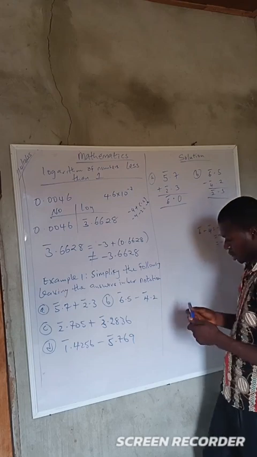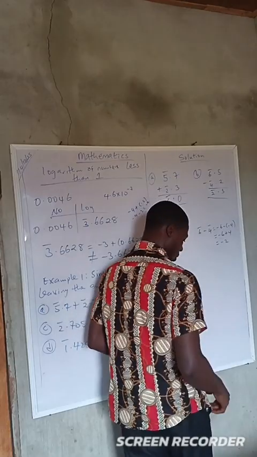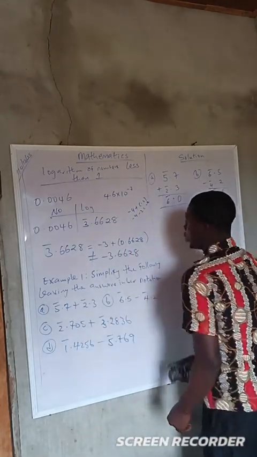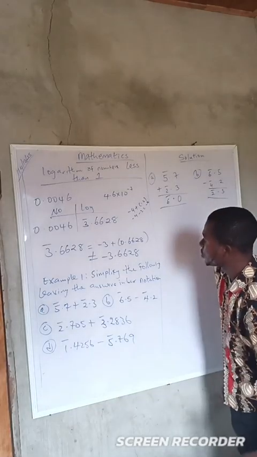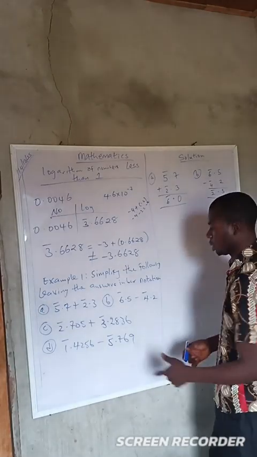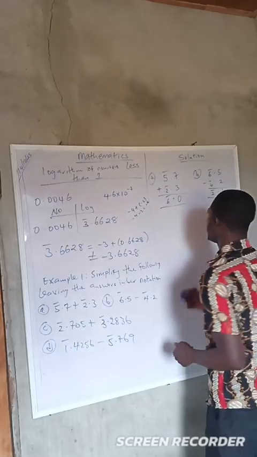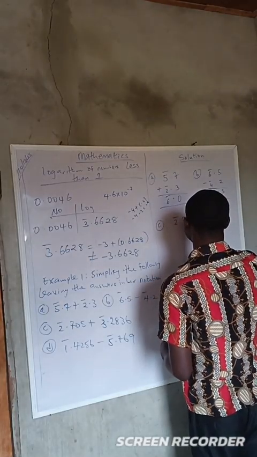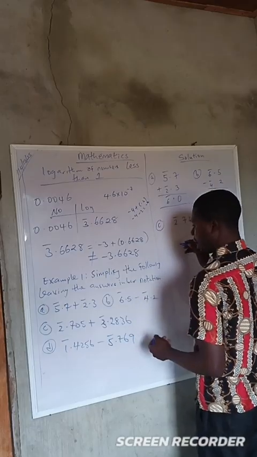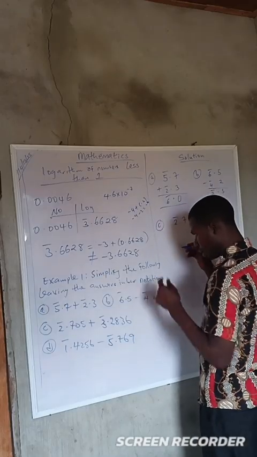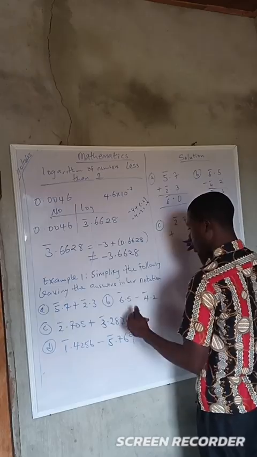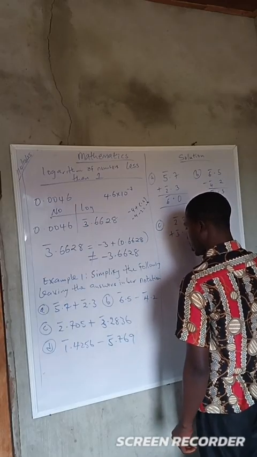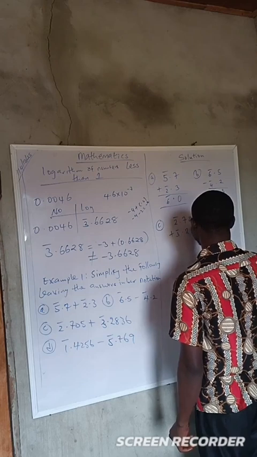I hope it's clear. So you have bar 2.3. Let's take the other one. We have bar 2.705 plus bar 3.2836.